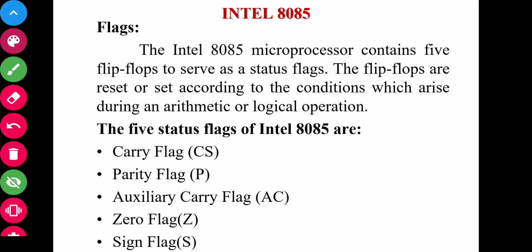They serve as status flags. These flip-flops are reset or set according to the conditions which arise during an arithmetic or logical operation. So there are 5 status flags of the Intel 8085: carry flag CS, then parity flag P, auxiliary carry flag AC, zero flag Z, and sign flag S.